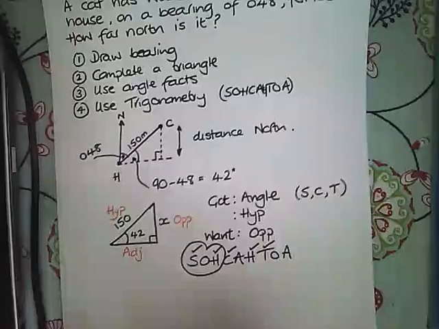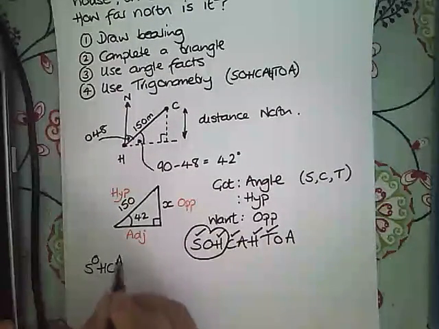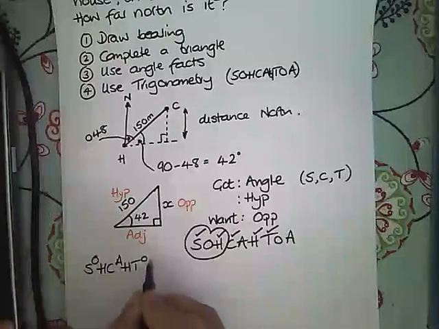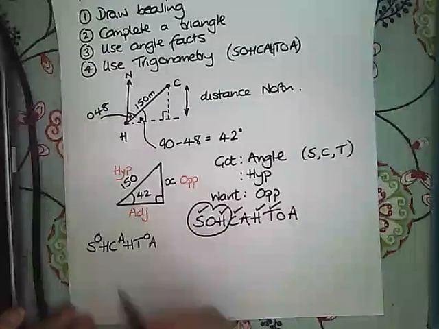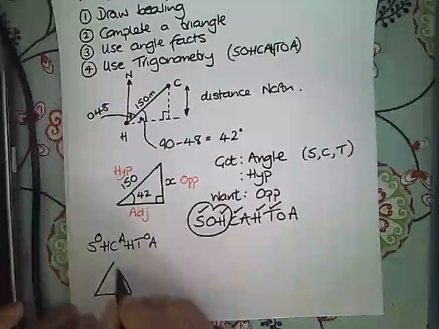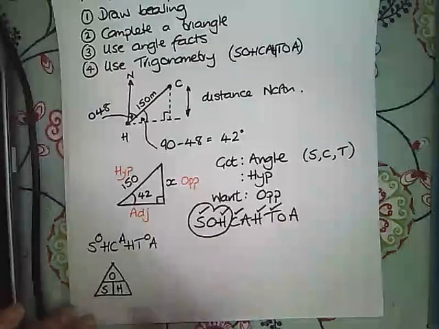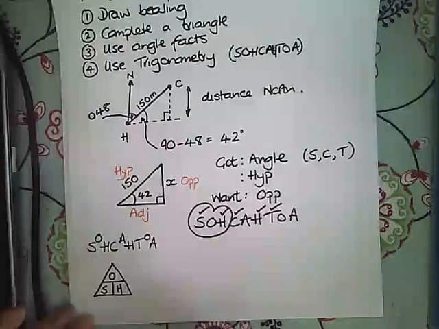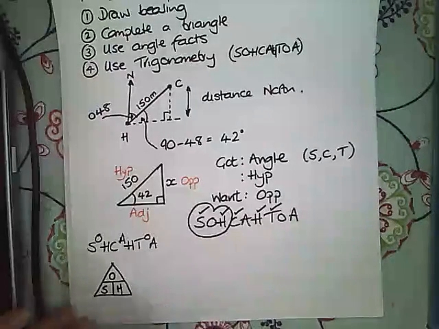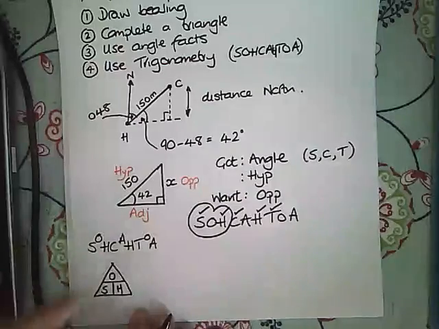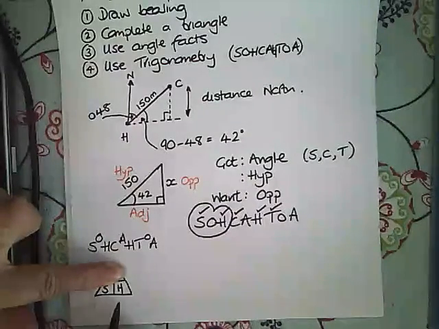And remember, if I write SOHCAHTOA like this, then it helps us put the letters in the right position on the triangle. So my sine triangle looks like this, SOH, and remember you cover up the thing that you want to find when we're using these triangles. I want to find the opposite, so I cover up the opposite, and that means I'm going to do sine of the angle times the hypotenuse.